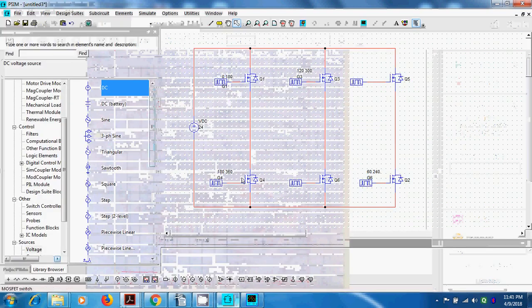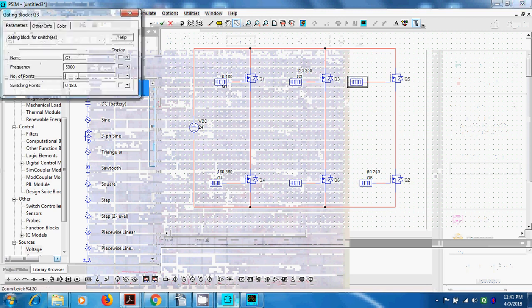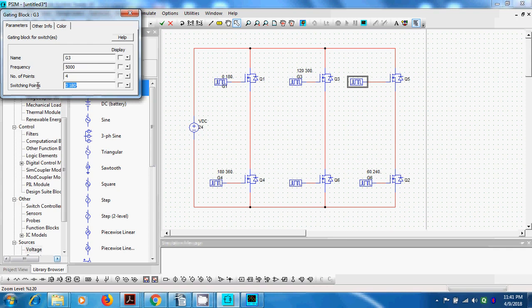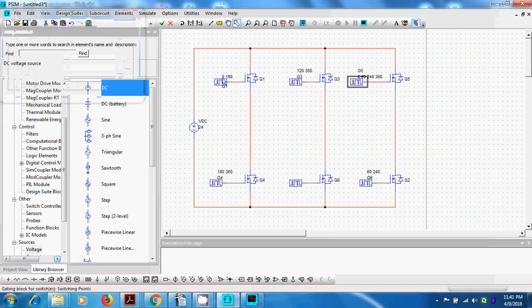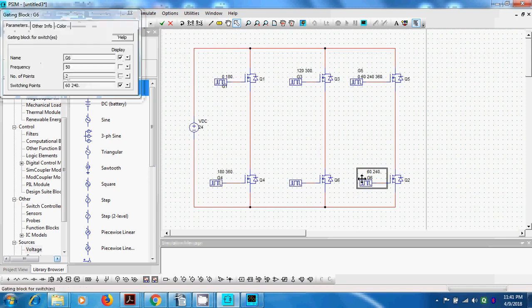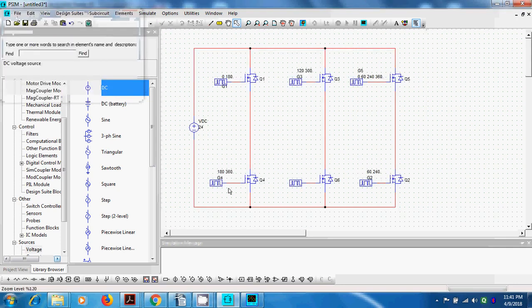So for G5 especially, this is a very important step. For G5 I have to write the number of points as 4. First is 0, second is 60, then 240 and 360. So this complete is 180. That is basically G5. So G1 we have, actually this is G2. I must write it is G2. Then G3 is here, G4 is here, G5 is this much.